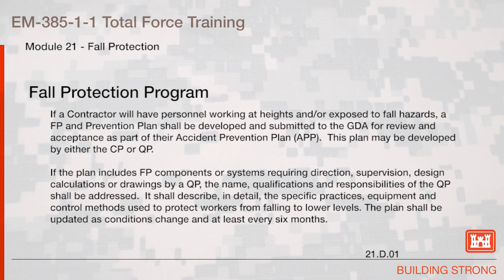If the plan includes fall protection components or systems requiring direction, supervision, design calculations, or drawings by a qualified person, the name, qualifications, and responsibilities of the qualified person shall be addressed. It shall describe in detail the specific practices, equipment, and control methods used to protect workers from falling to lower levels. The plan shall be updated as conditions change and at least every 6 months.